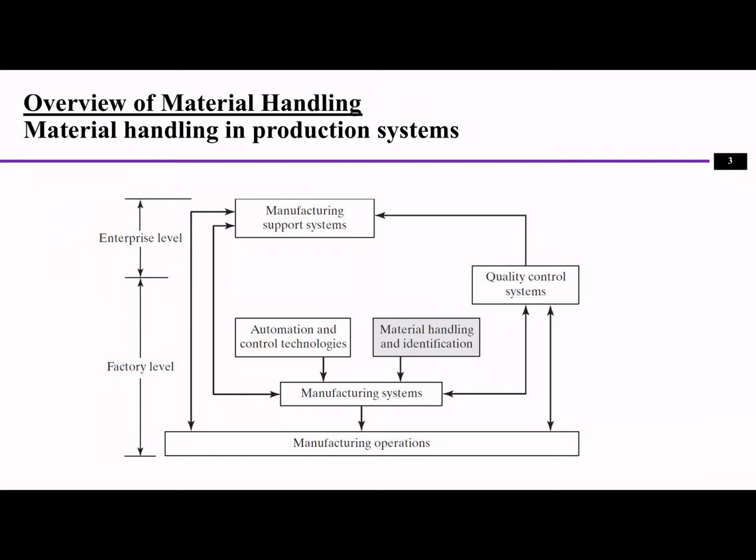And one of those functions is material handling, which deals with how to transport and how much material to transport and how often to transport those materials from one station to another, and also from one building to another. So this also plays a very important role in production planning and control.